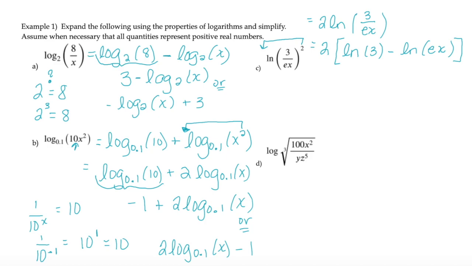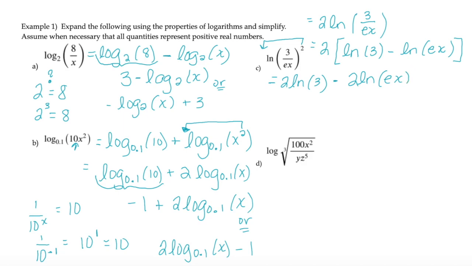What we can do at this point is distribute the 2 through. So I have 2 times the natural log of 3, which I guarantee is going to be an ugly decimal if you plug that into the calculator. So I'm going to leave it in its exact form, minus 2 times the natural log of e times x.